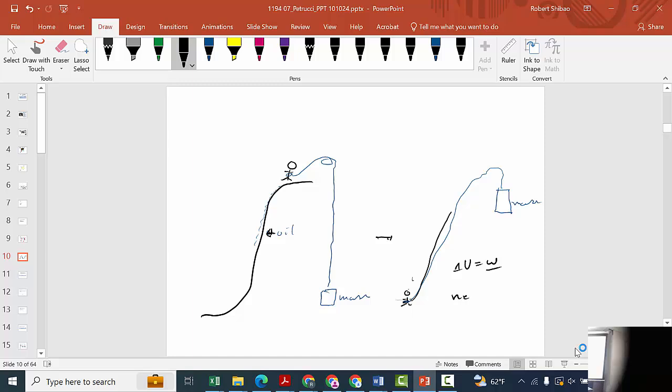So I'm saying negligible heat was generated here. So Q is about equal to 0.